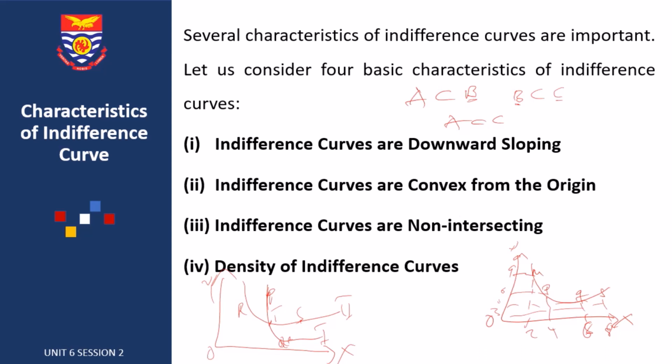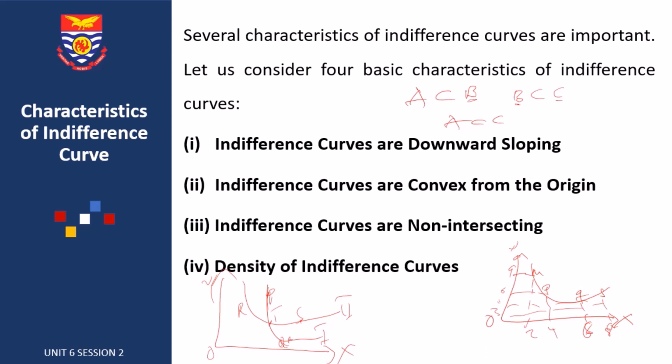Therefore, T must be preferred to R, since P is preferred to what? R. So it logically follows that any point on indifference curve I must be preferred to any point on indifference curve II. But since S on II is preferred to Q on I, logical inconsistencies arise.